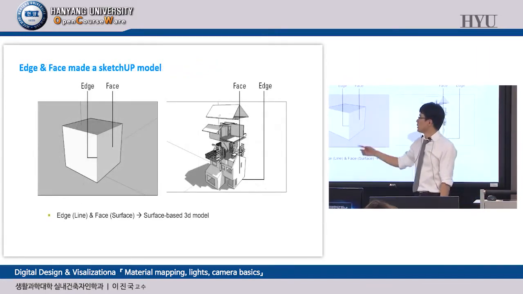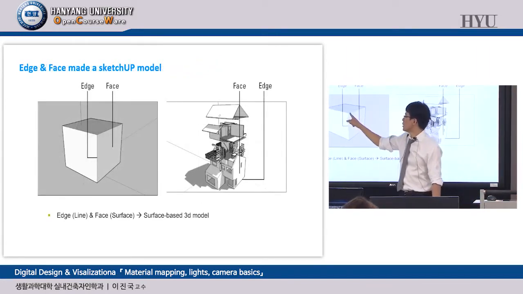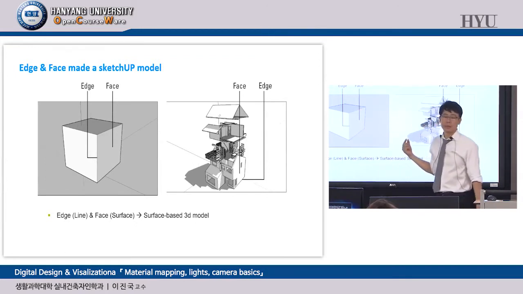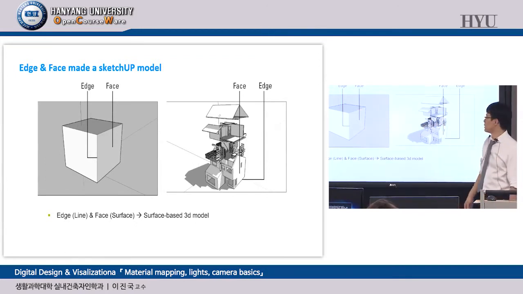In surface 3D, there are edges, faces, as well as vertices. So controlling edges, controlling faces, controlling vertices, that means controlling geometry. So even this kind of house building model is some type of polygon-based, surface-based model.